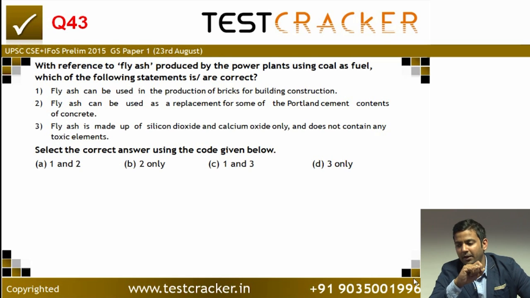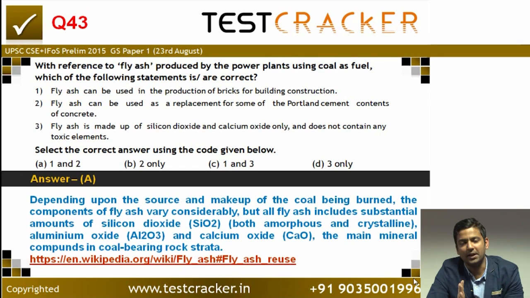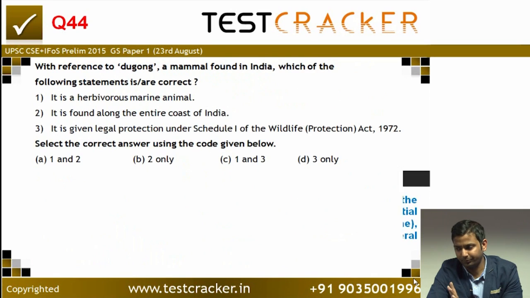In this paper, there are at least 20 questions which you can answer just by simple rules of comprehension, by eliminating extreme options, by reading the statement and understanding that the statement seems to have been tampered with. That kind of an approach. The answer in this case is 1 and 2. 3 is not correct, 1 and 2 are correct.